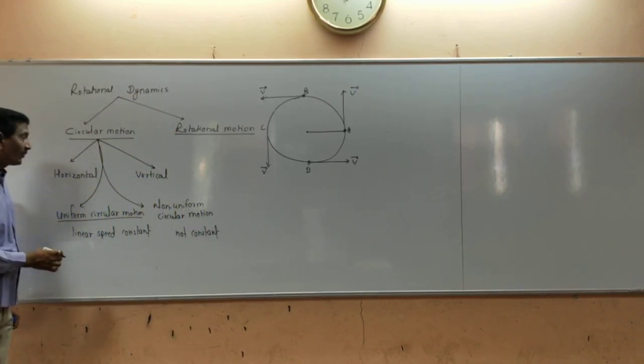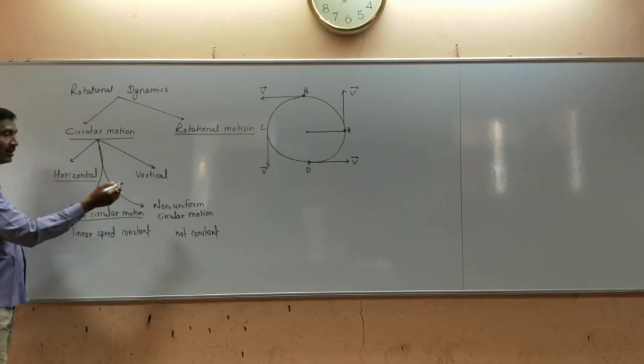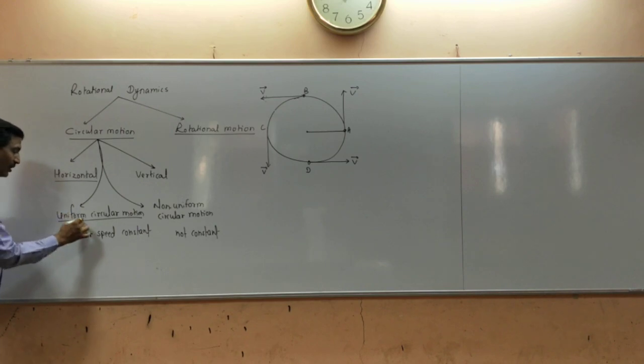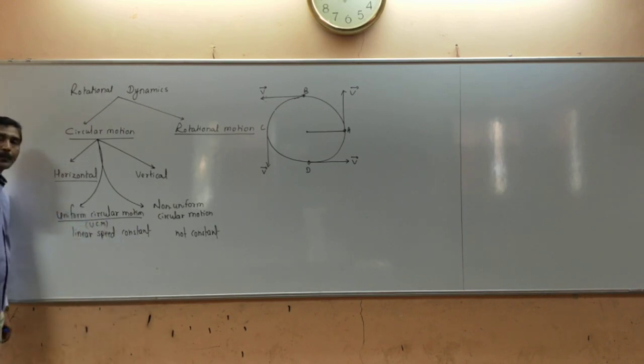Now, whether the horizontal circular motion is UCM or non-UCM. UCM is the abbreviation of uniform circular motion.